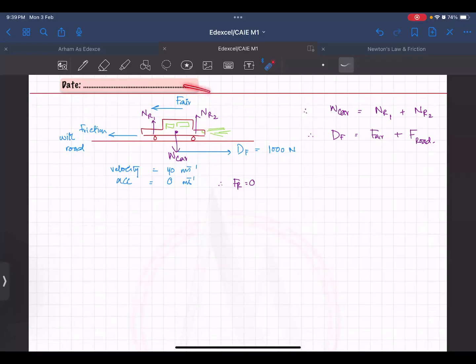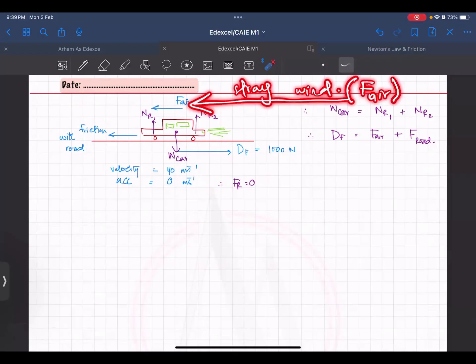Let's suppose this was the current situation and then something extra, a strong wind, blew backward. Definitely this would apply an extra force, the force of the air backwards. Initially the driving force was being cancelled out by the friction of the air and the friction due to the road. Now there is this extra force acting.